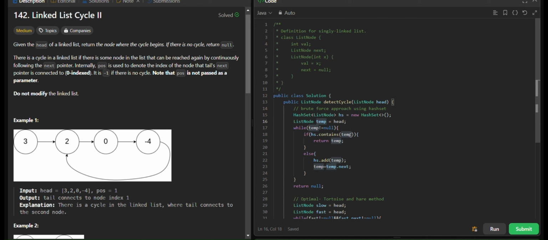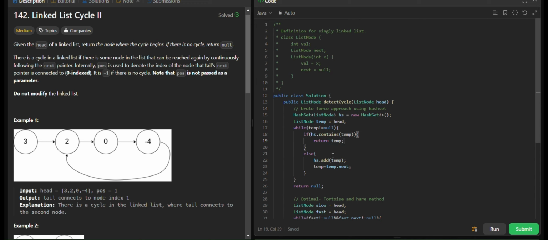First, an if condition: if the hash set contains this node, we visited this node previously, so just return this node, right? Because this is the first node which we are revisiting, this will definitely be the starting of the loop. We can return this and we'll have our answer done.